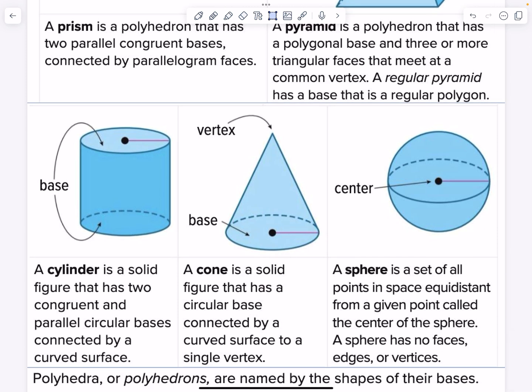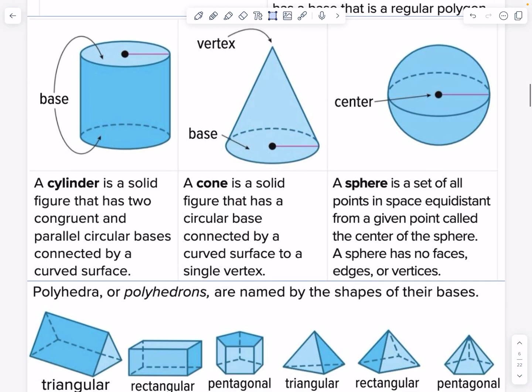So again, the opposite faces that are parallel are still your bases. In the cylinder, the cone is the base that's opposite the vertex, and then obviously a sphere is just the set of all points that are equal from a radius. And so there's no faces, there's no vertices, there's none of that stuff for a sphere.